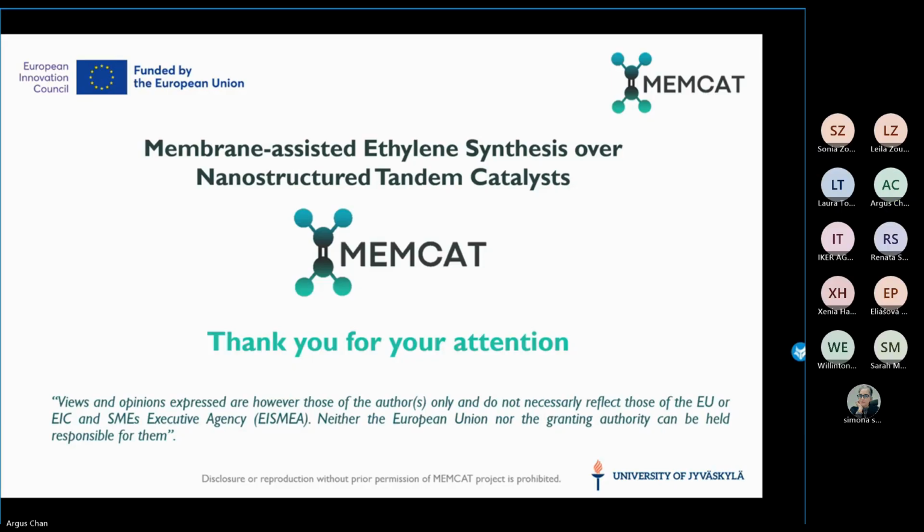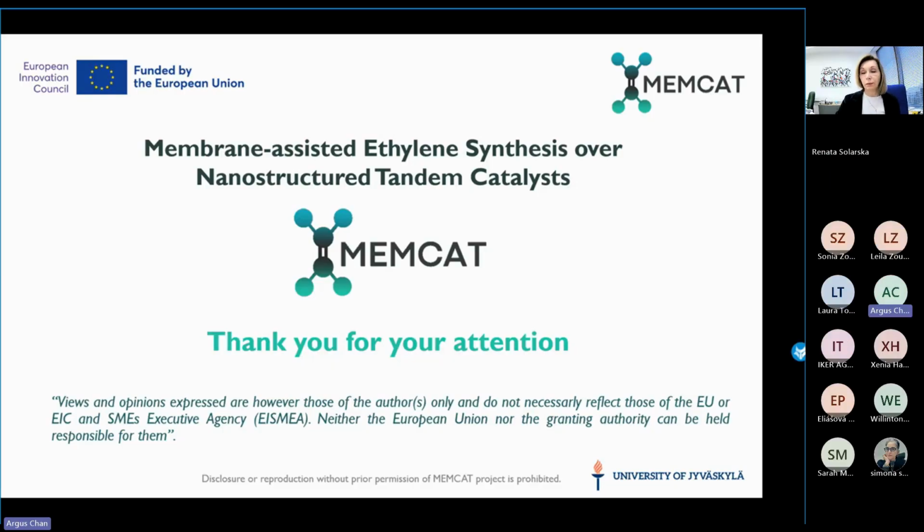What is minimized? Here we use this Microsoft Mattersim machine learning potential to describe the interactions between the atoms. What we then do is use a genetic algorithm to search for different kinds of structures. So at the level of the accuracy of the machine learning, we look, of course, for the minimum energy.